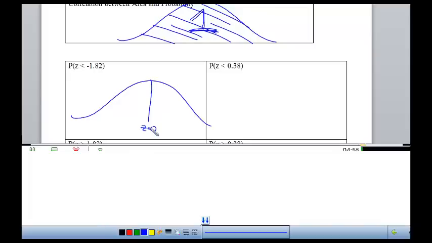To the left of z equals 0, we would have negative values. So I might put minus 1.82 out here. And then I'm interested in the area that's less than z equals minus 1.82, which is going to match up exactly with what the table would give me. Does that make sense?